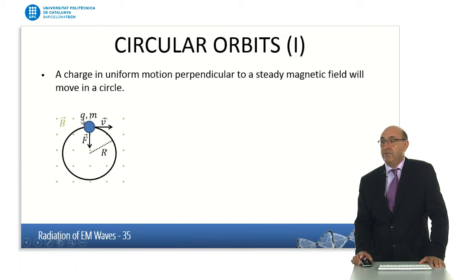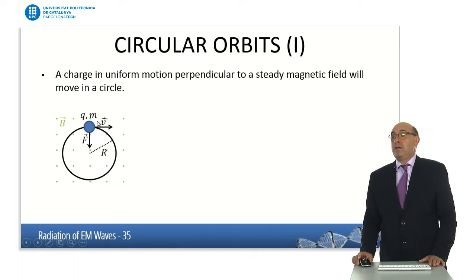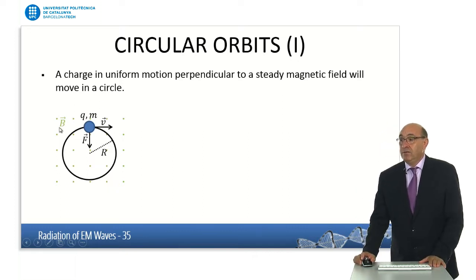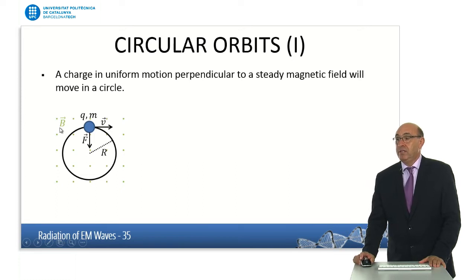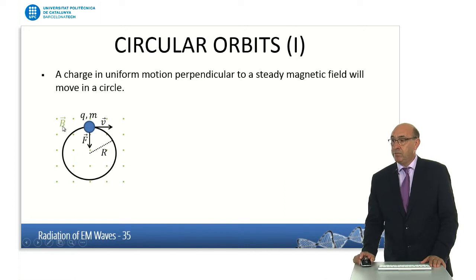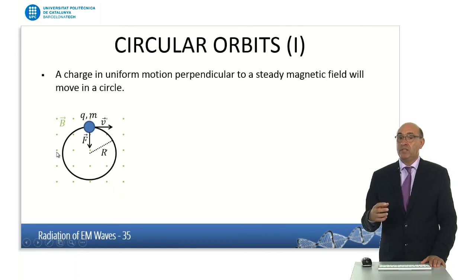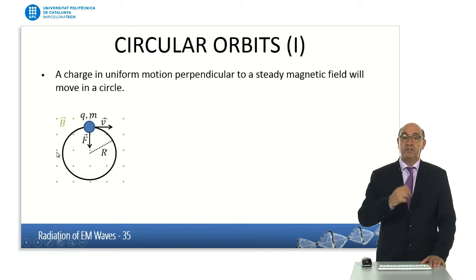So here we have the charge and the mass, Q and M. And we add in green here the magnetic field. We represent this field by dots. And those dots mean that the magnetic field is coming out of the screen, pointing from the screen towards you.